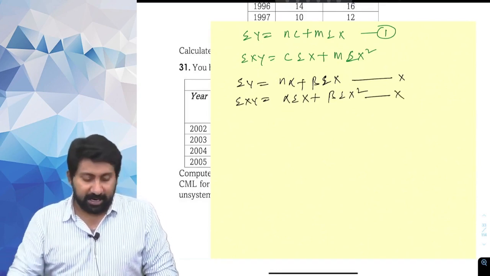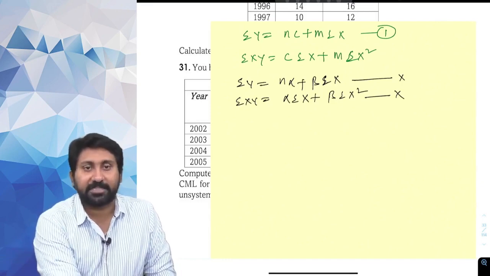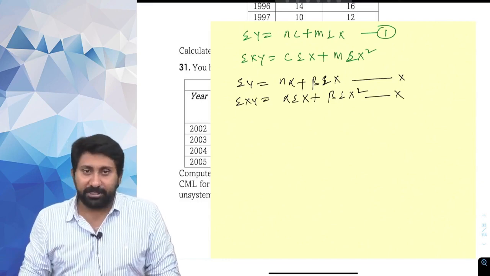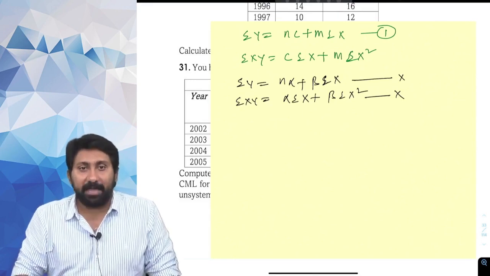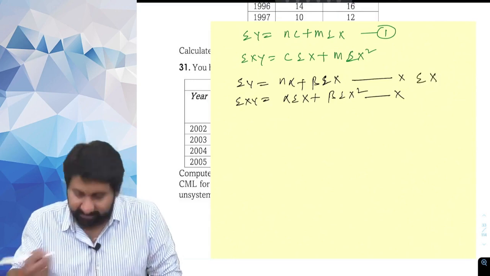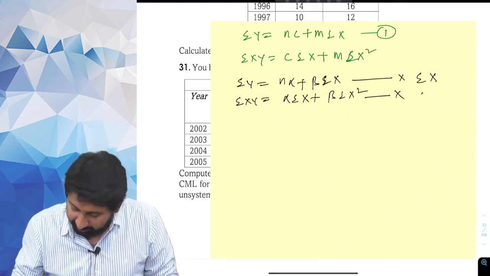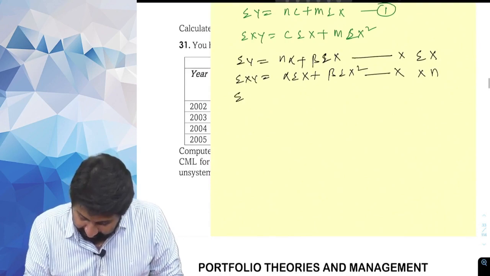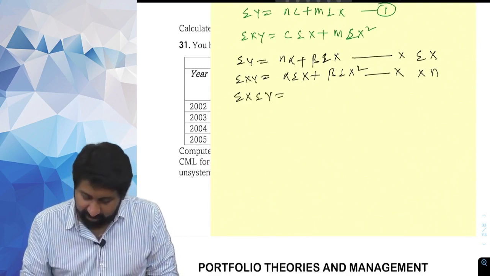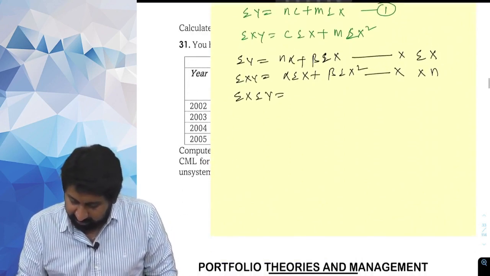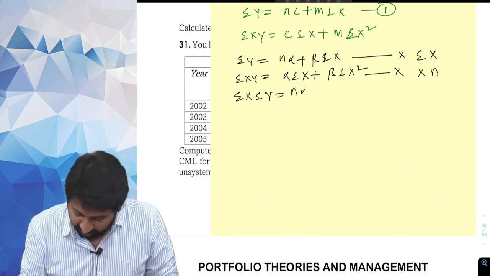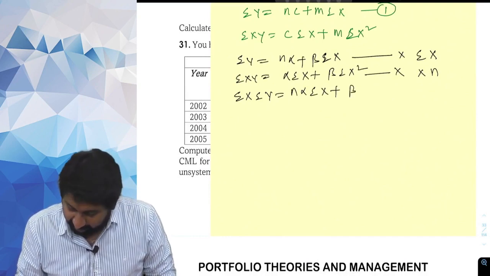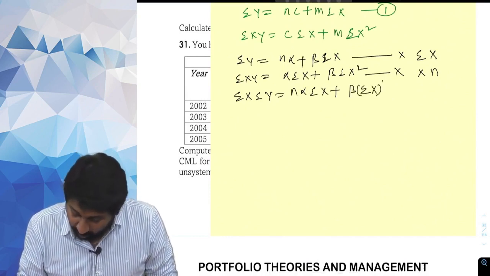Take equation 1 and multiply it with sigma x: sigma x sigma y equals n alpha sigma x plus beta sigma x the whole square.